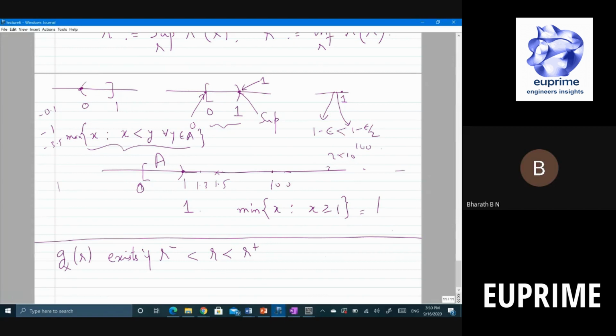And of course, this is a continuous interval. It turns out that everywhere between r minus and r plus, g_X(r) exists, and the derivative of g_X(r) with respect to r also exists.